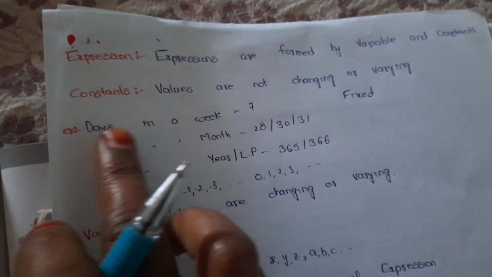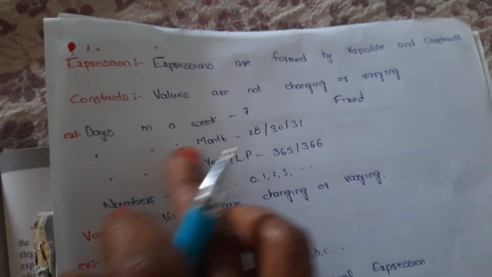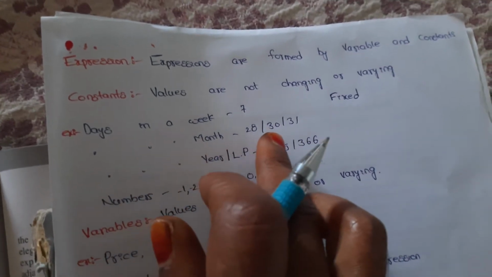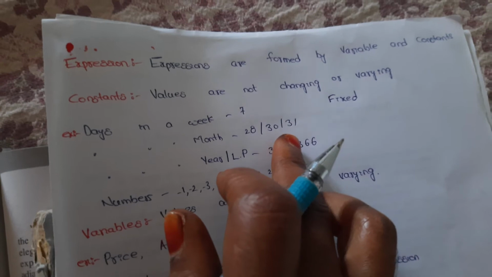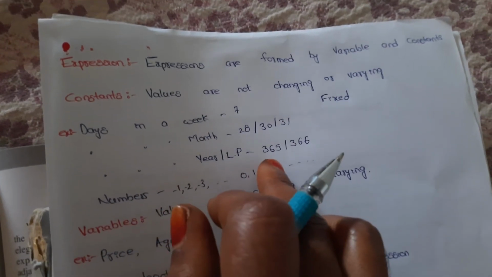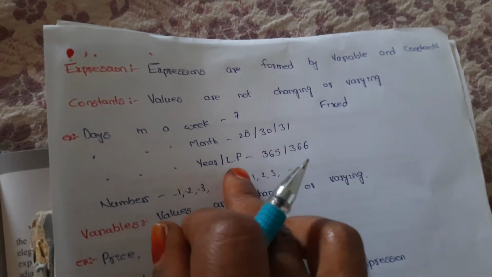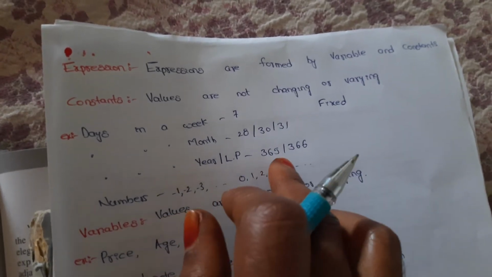The examples are: days in a week are 7 days only, the days in a month are always either 28, 30 or 31 days depending upon the month, and the days in a year are either 365 or 366 days depending upon whether it is a leap year or a non-leap year.